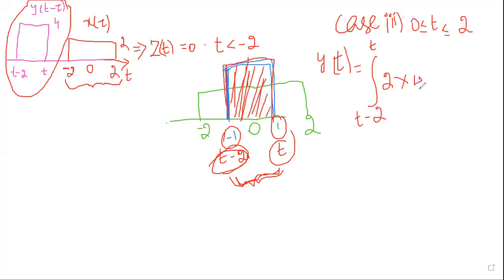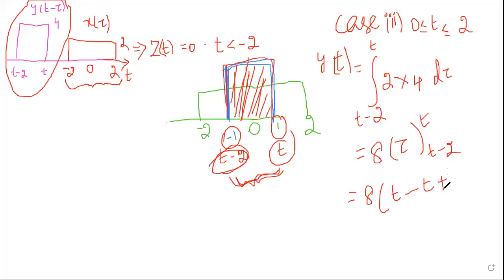So 2 into 4 is 8. 8 into d tau. So 8 into tau I will get. So tau is having the limits t and t minus 2. So once you substitute the upper limit and lower limit, t minus of t minus 2. So t minus t plus 2. So the answer is just 16. Check whether it is correct or not.